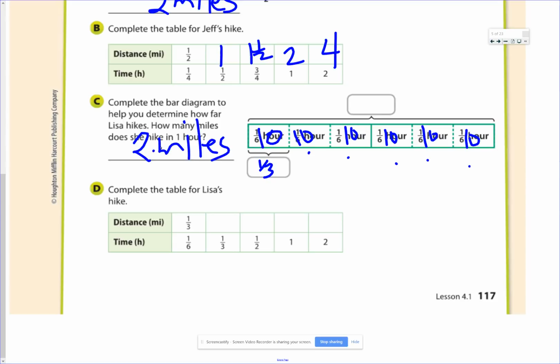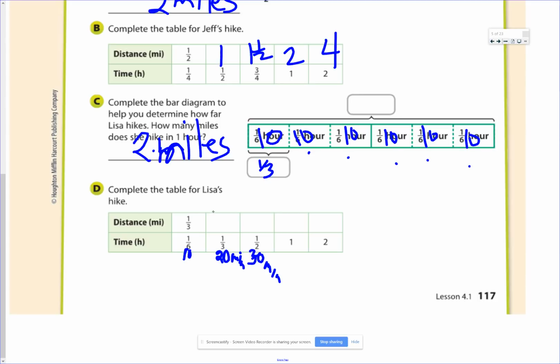Sorry, this is not the best writing utensil on my screen today. So for her, for every 1/6 of an hour, in other words 10 minutes, and now another 10 minutes puts her at 20 minutes. They're using the fraction of an hour. Here's another 10 minutes that'll put me at 30 minutes, a half hour. Then they're going to jump right away to 1 hour, 2 hours, but work with me here.